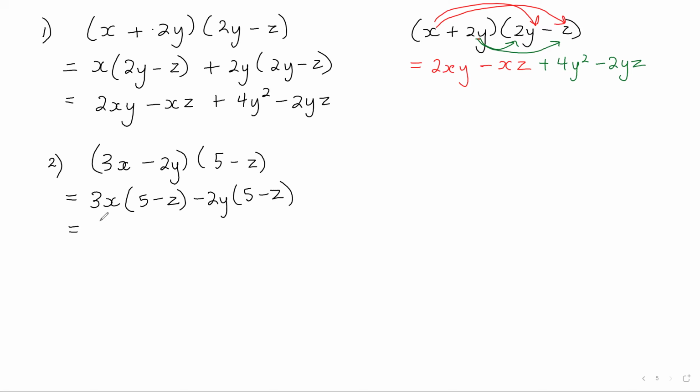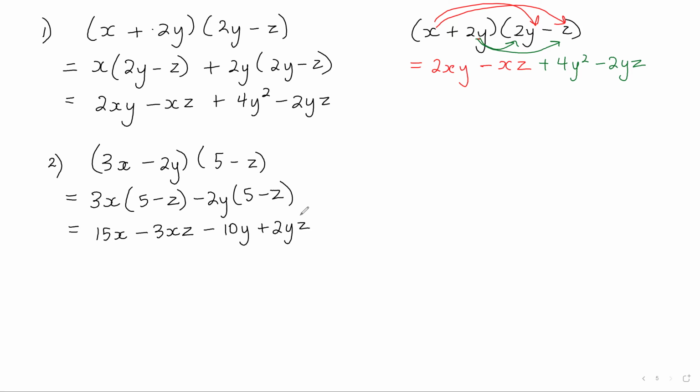So 3x times 5 is 15x, and 3x times minus z is minus 3xz. Minus 2y times 5 will be minus 10y, and minus 2y times minus z will give me plus 2yz. Again, here I do not have any like terms, so I will just leave it as is.